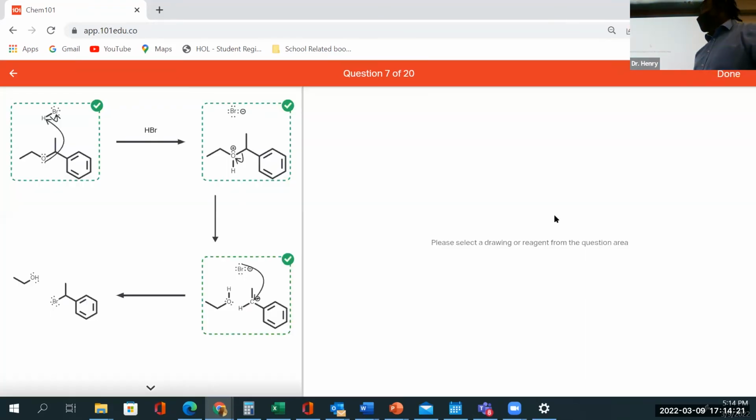Does it crash? Okay. So you guys get used to moving the arrows, right? No problem. Number 9. Okay.